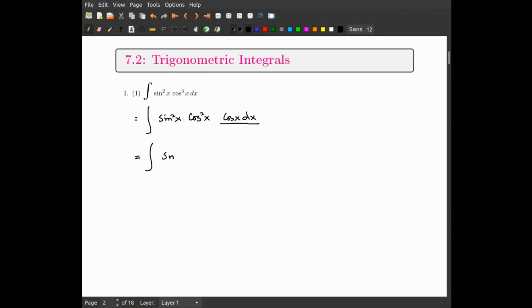So this would be sine square x, and instead of cos square x, by using the trig identity, we can write cos square x equal to 1 minus sine square x. Again, we do nothing with the last two terms. We have used this trig identity, which is sine square x plus cos square x equal to 1.